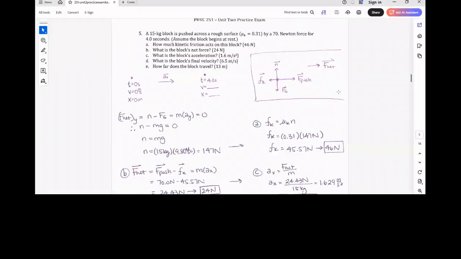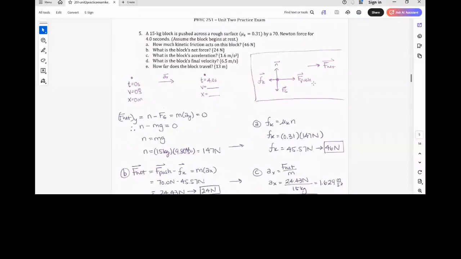So here's a free body diagram for the block. It is receiving this force that we know has a magnitude of 70 newtons. I've called that F push here. We know that this is a rough surface, so there is a kinetic friction force that's going to be opposite the direction of motion. And it's implied here that the direction of motion, or the sign of the velocity, is positive, so Fk is going to have to be negative.